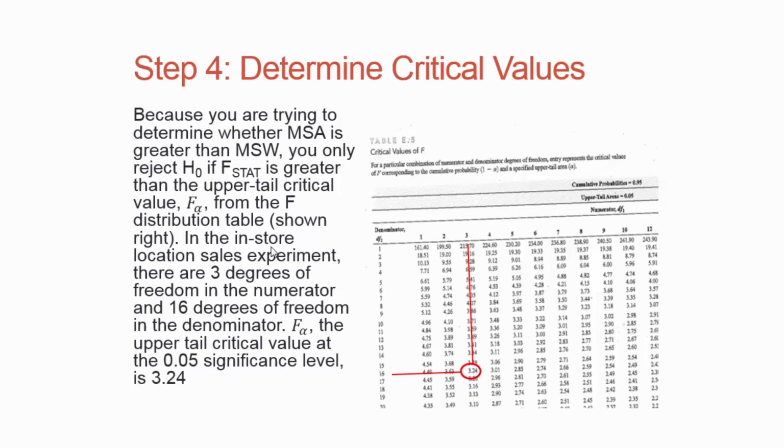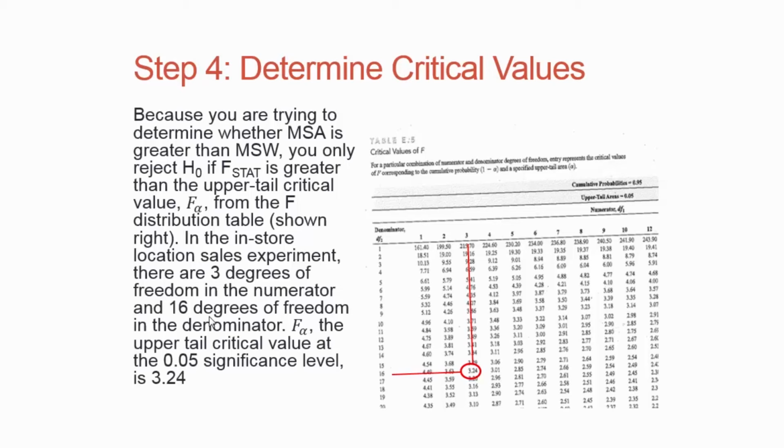We're trying to find the critical value next. So what we do is we look in our table for F critical values. We want the upper tail area to be 0.05, and so we're only going to reject if we get a large value, a value larger than the value we find in the table. In this particular case, we have 3 degrees of freedom in the numerator, because we have 4 groups, columns minus 1 is 3, and then in the denominator we have 16 degrees of freedom.